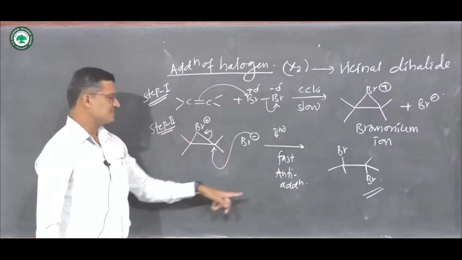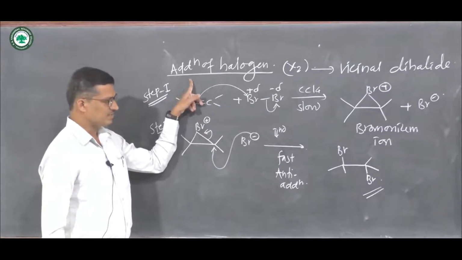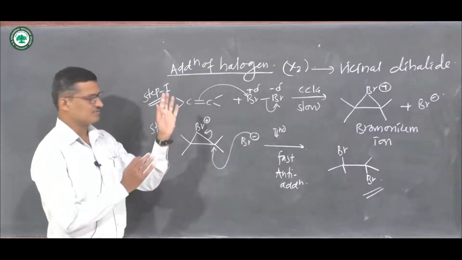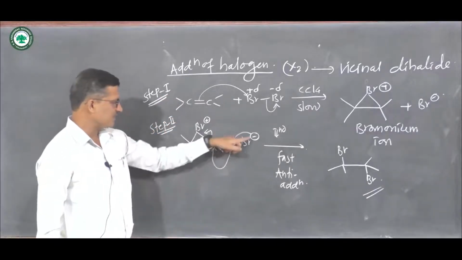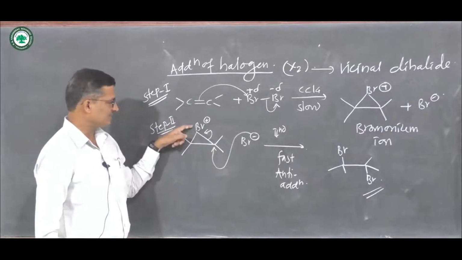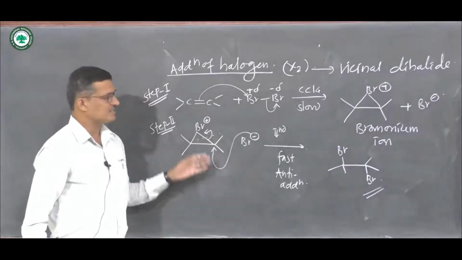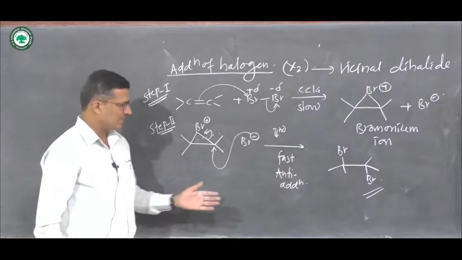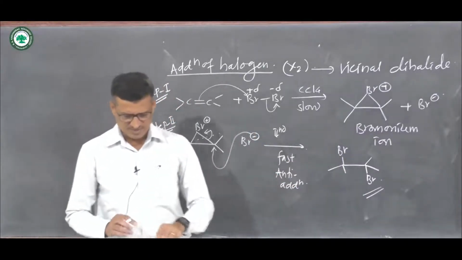That's why this addition is an anti-addition, meaning addition of halogen takes place by anti-addition, and both the Br atoms are attached on opposite sides in the product. This cyclic bromonium ion is unstable, it is cleaved, and a vicinal dihalide is formed. So this is a simple mechanism.